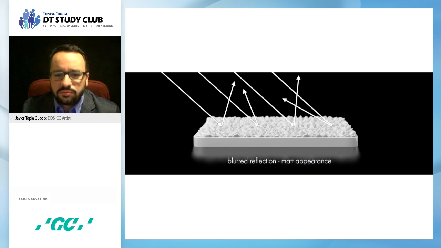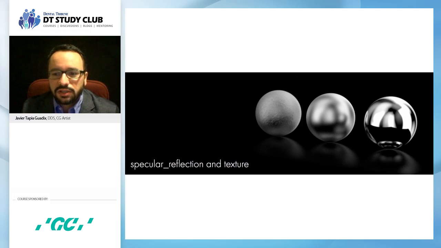However, when we have a blur reflection, when we have a texture, a surface texture like this, each of these bumps is going to be like a small facet that is going to reflect the light in a different direction. So actually we will turn into a blurred reflection, a matte appearance. It's not really that the tooth or the surface is not reflective, it is reflective. But because of this surface, the appearance is going to change completely.